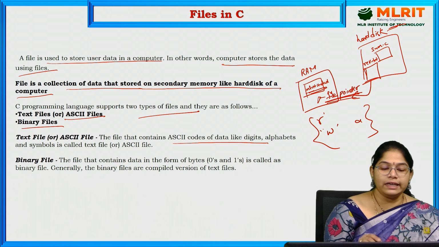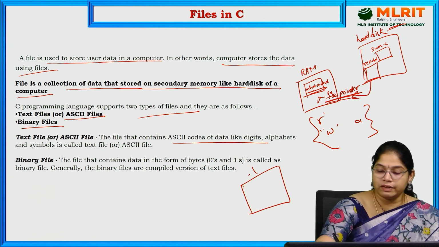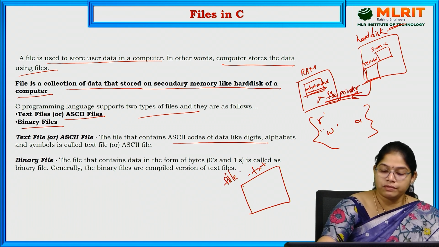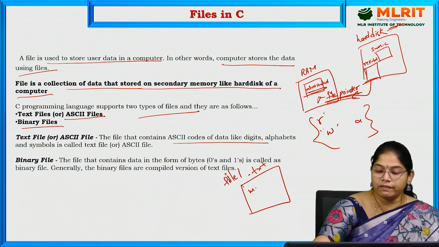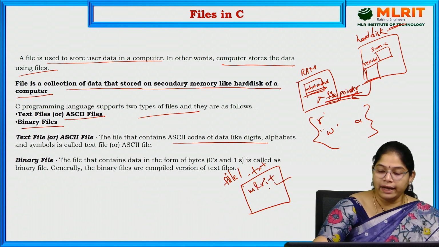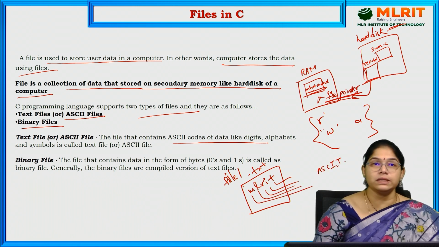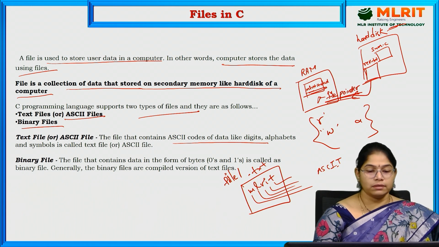Consider one text file, file1.txt, in which I have MLR80, suppose. Every alphabet, every character is converted into its specific ASCII value, which is understandable by the compiler.